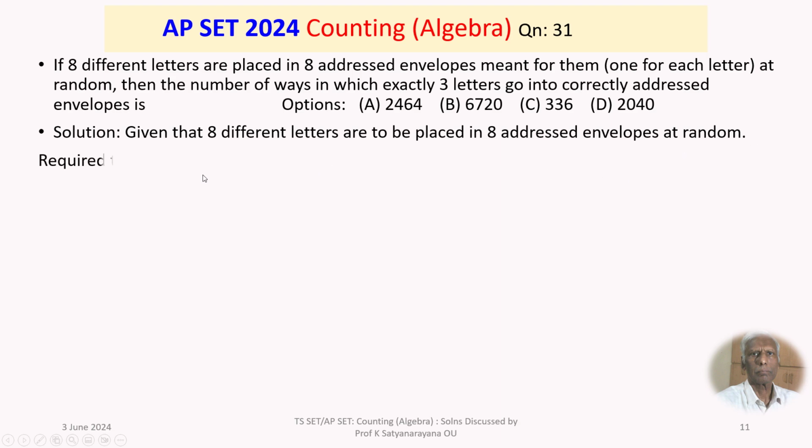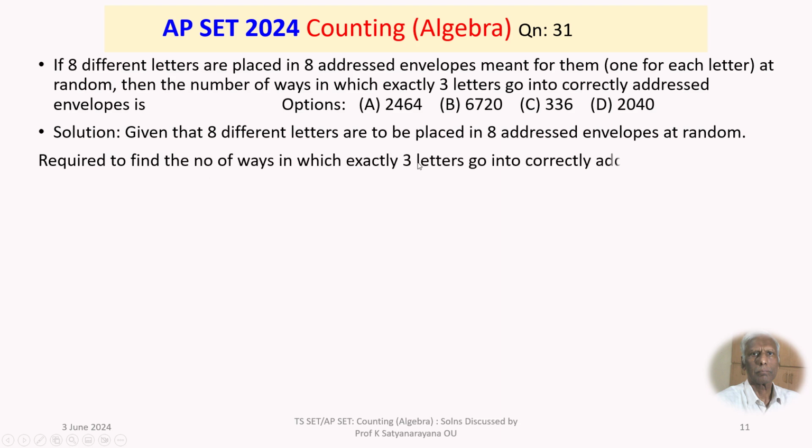You have to find the number of ways in which exactly 3 letters go into correctly addressed envelopes. So to find the number, this is a task. The task is placing 3 letters into correctly addressed envelopes.